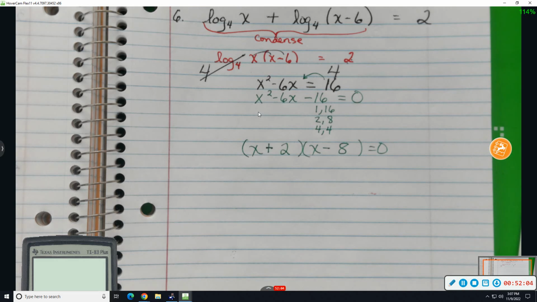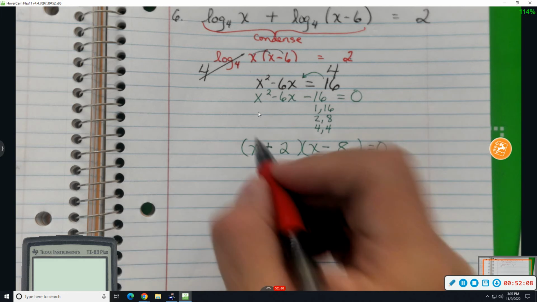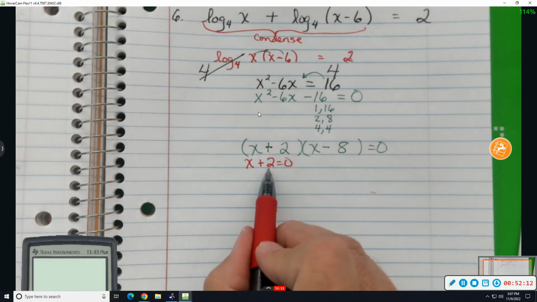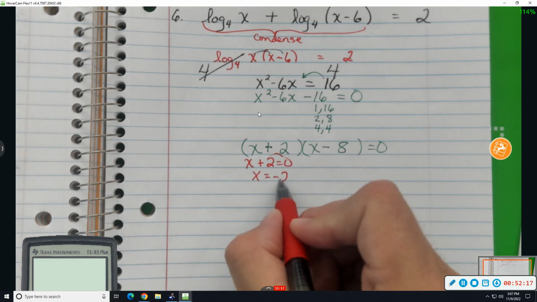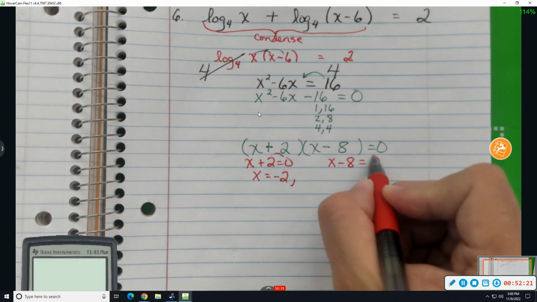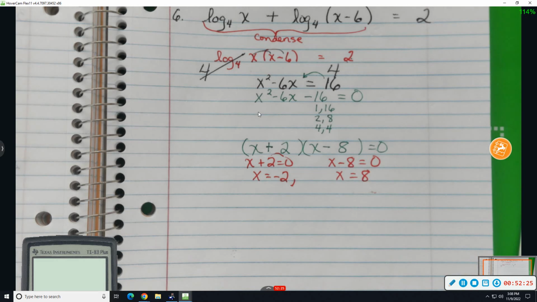But you might have been getting ahead of me, because once I set these to 0, once you do this, it's going to be negative 2 and positive 8. Okay. Negative 2 and positive 8.